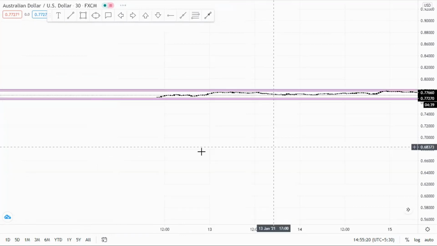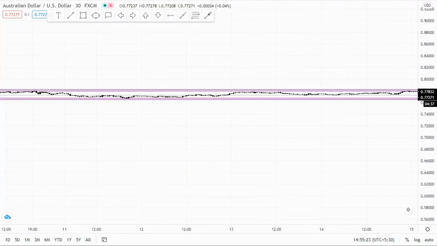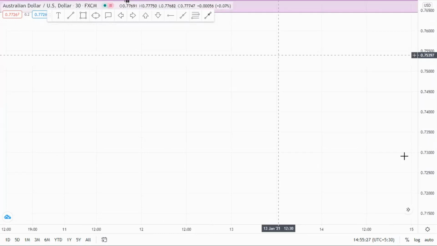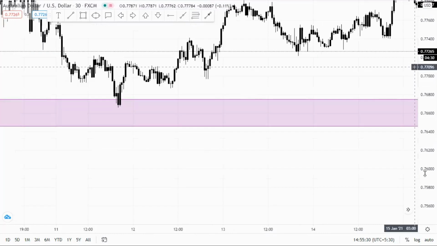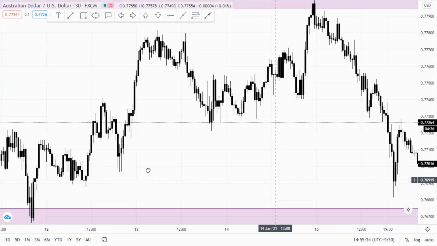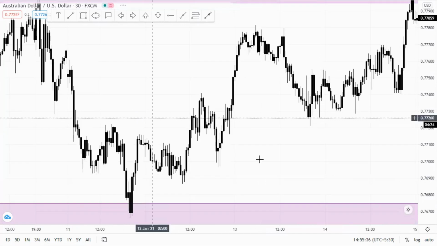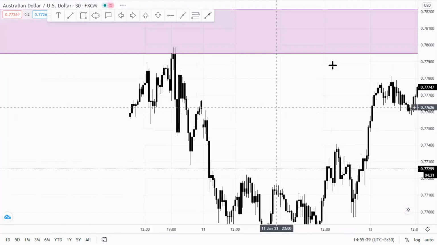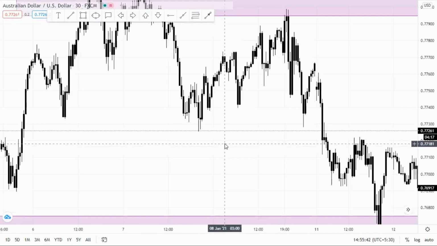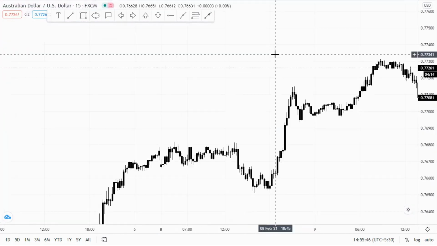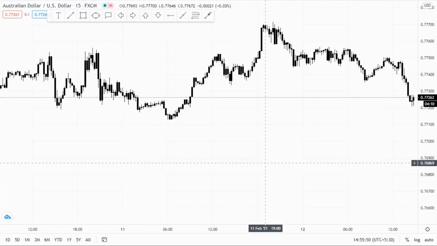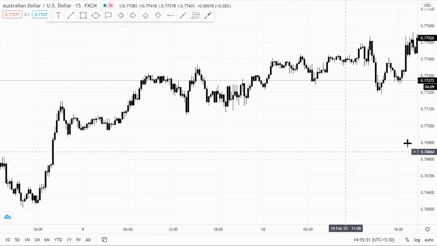Yeah, so let's just give an example here. Use the same chart so that I show you exactly what we're talking about. Okay, so this is a smaller time frame.